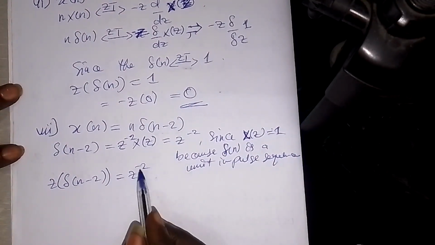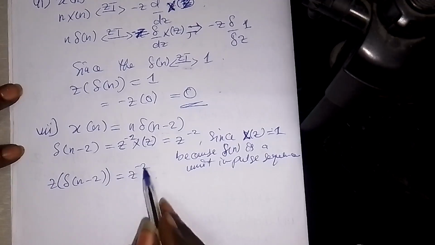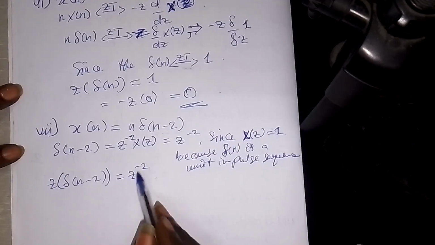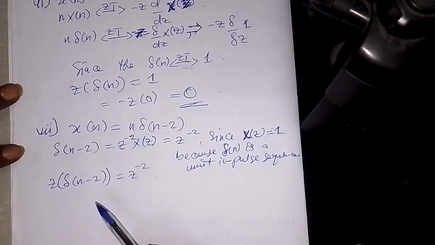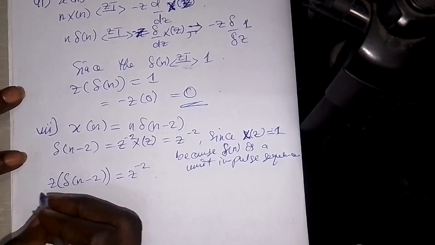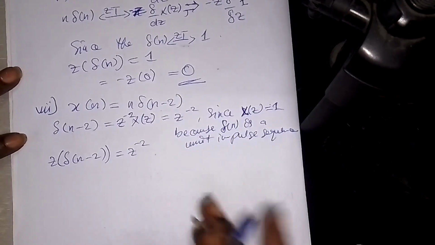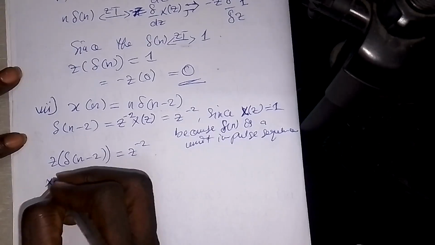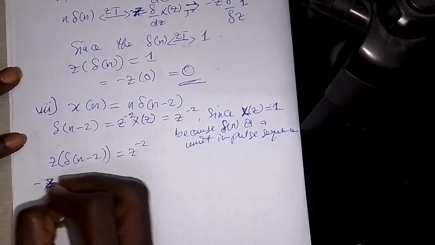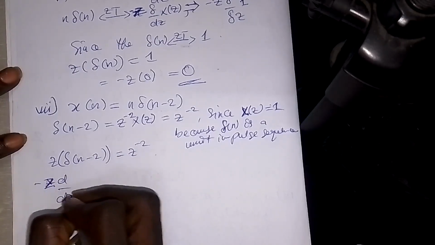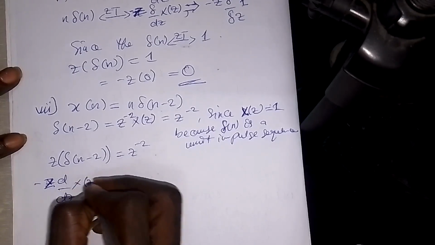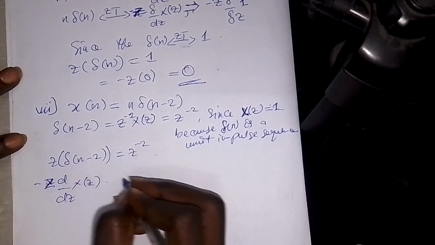Now I'm going to introduce this one also to the differentiation in z domain. What is the differentiation in z domain? The differentiation in z domain property states that minus z into d dz of x of z.